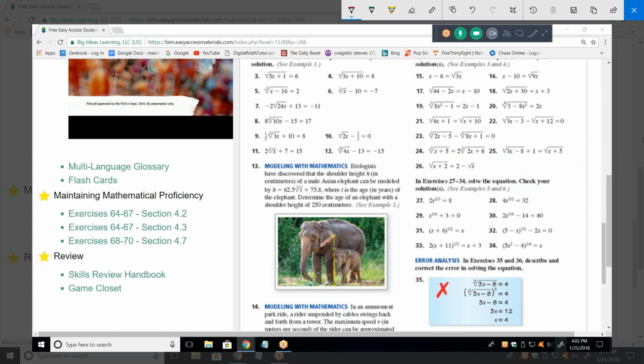Okay, what is the next question? Number 21. First step? What's the next line? 4x plus 1 equals x plus 10.